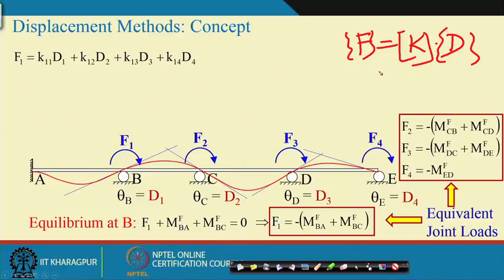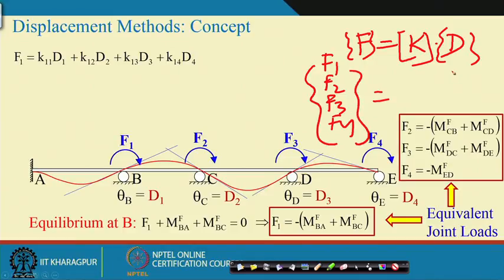In this case, there are 4 components of forces, F1, F2, F3 and F4. And D here are the 4 components, theta B, theta C, theta D, theta E, or D1, D2, D3 and D4.